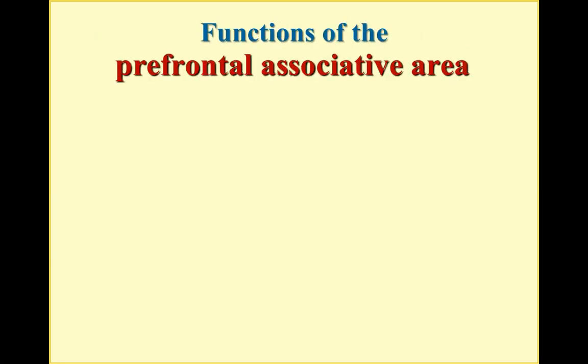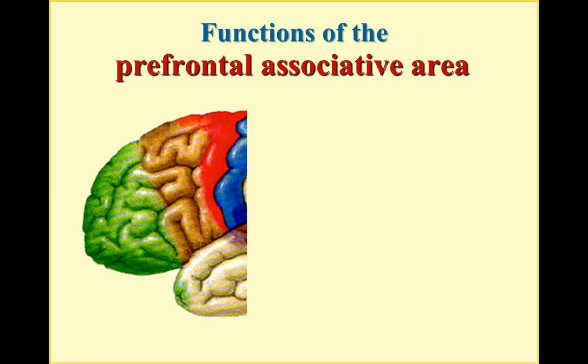First, functions of the prefrontal associative area. Here it's shown now in green. So let's start from planning of complex movements. It's located close to the generally motor cortex, and many types of movements can be performed without great planning because they are simple movements and they are easily automatically done.